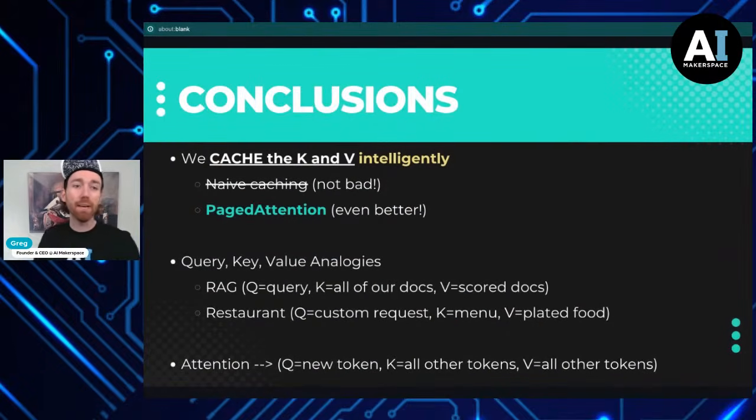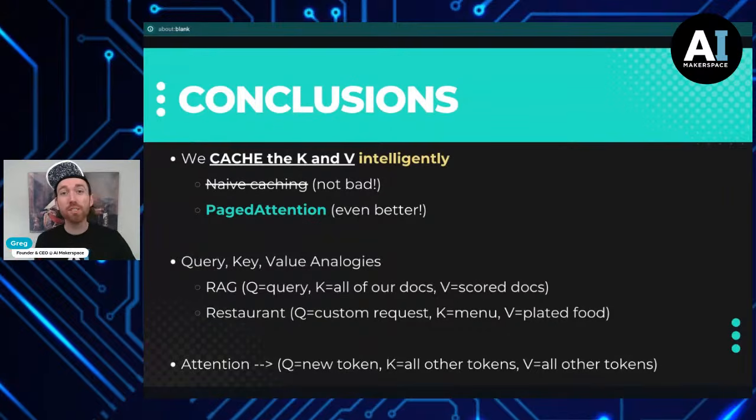At the core of what's happening here is this caching of the K and V. Just to laser focus in on this as we wrap, caching of K and V by itself, naively, is not bad, and wasn't really happening everywhere you looked, but it's pretty good already.